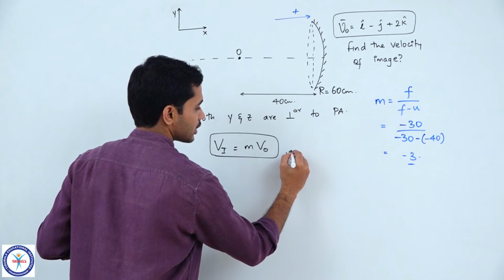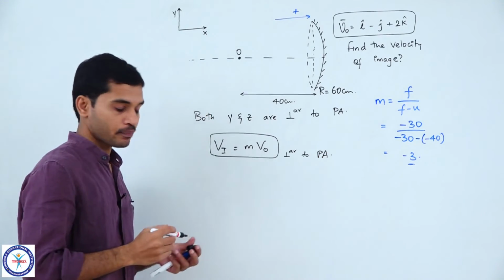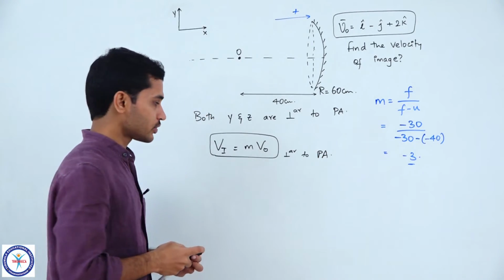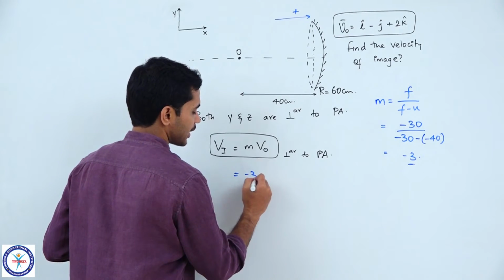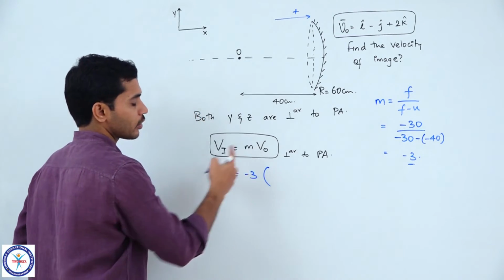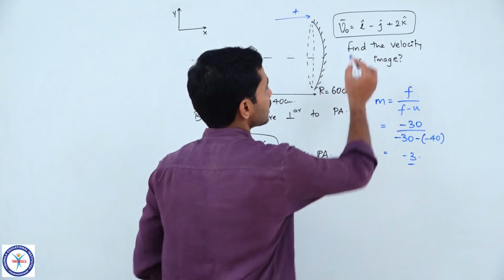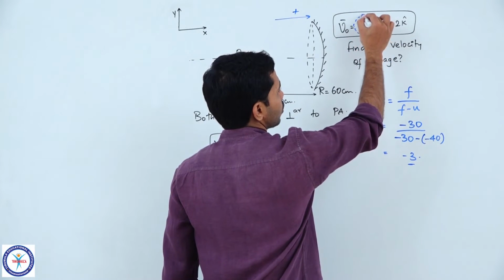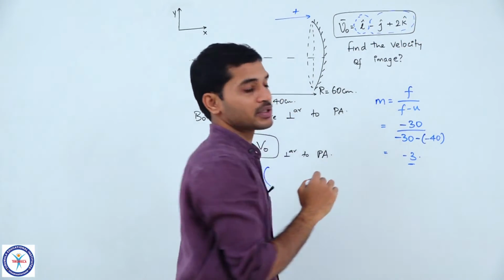This is perpendicular to the principal axis, correct. So, let me substitute the values. We got the value of m as minus 3, into the velocity of the object perpendicular to the principal axis. I have told you that this is the component along the principal axis and this is the component perpendicular to the principal axis.